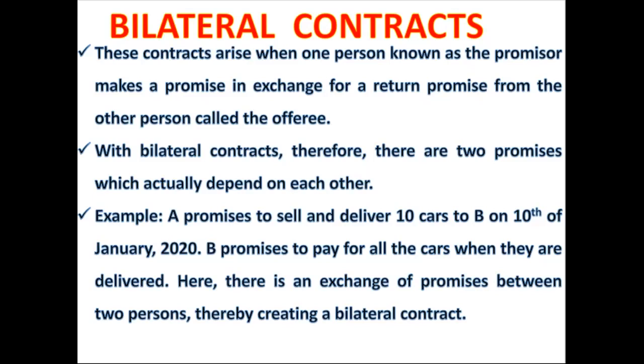Now, in this case, no money has been paid to any person. All we have is that there is an exchange of promises. So you have one person promising the other person something, and the other person also making a return promise. That is how bilateral contracts arise.